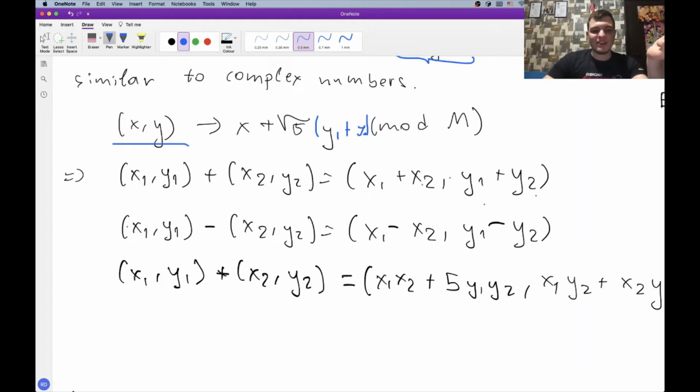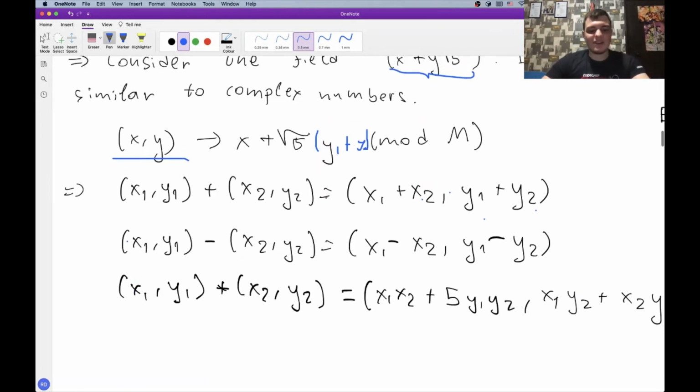I'm just going to undo the previous thing so that you can see it in a nicer way. If we look at the definitions, which are x plus square root of 5 multiplied by y, you just need to do the pairwise multiplication. The integer part will be x1 multiplied by x2.